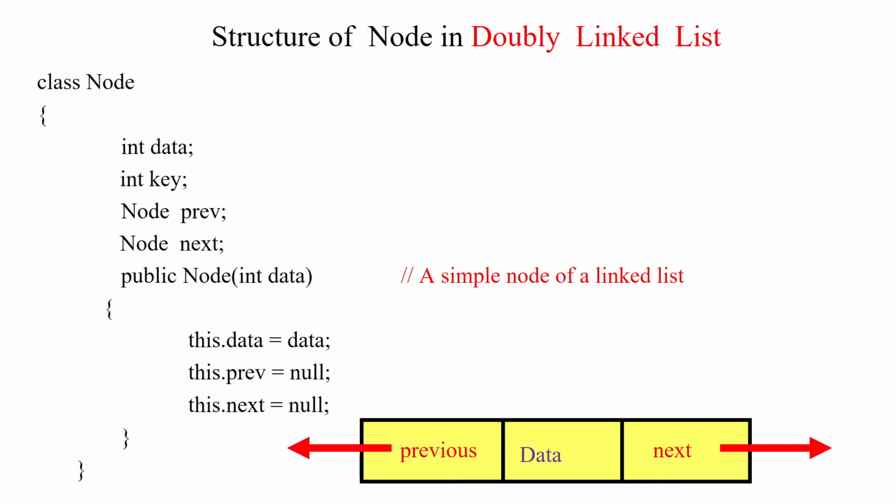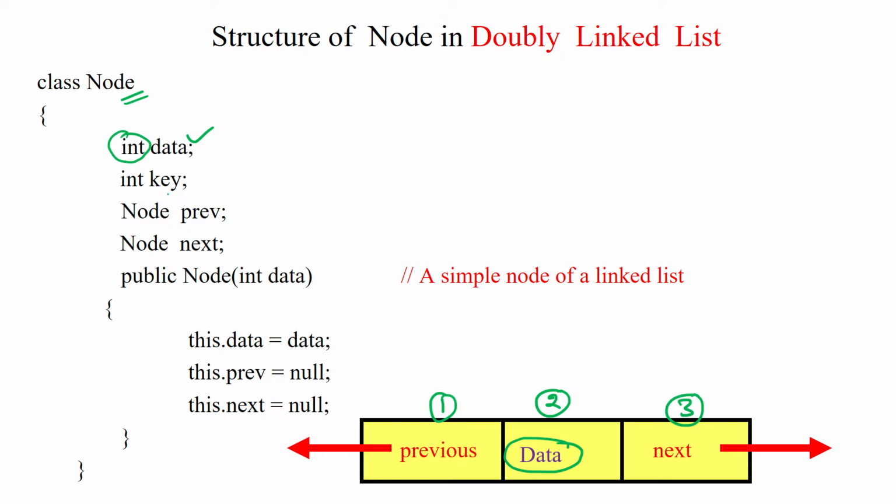So how do we create the structure of the node in a doubly linked list? Here we have three fields: field number 1, field number 2, field number 3. The data is the value which is going to be assigned with different data types. Inside the node class, I am creating the data with primary data types.